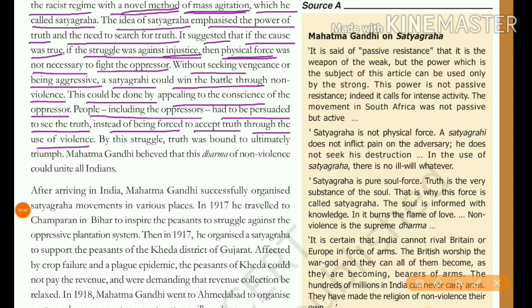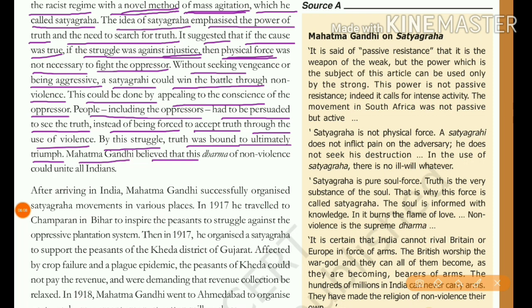So here there is no need to force somebody to accept the truth through the use of violence. By this struggle, truth was bound to ultimately triumph. So by this way of non-violence, or satyagraha struggle, truth was bound to ultimately triumph, ultimately victory, or win.